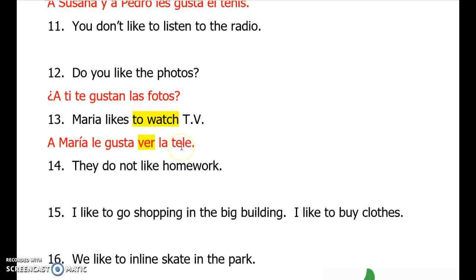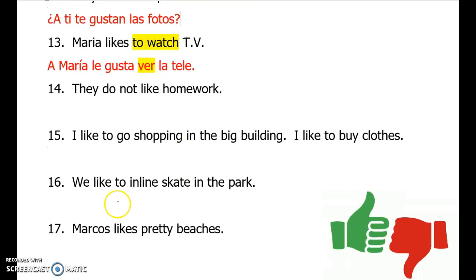There we go. Let's try one with a we right here. And this one has a verb. We like to inline skate. A nosotros, we're just using it there for clarification for now. Nos. We have to decide, is it gusta or gustan? What we like is to inline skate. That's an action. Actions use the singular.